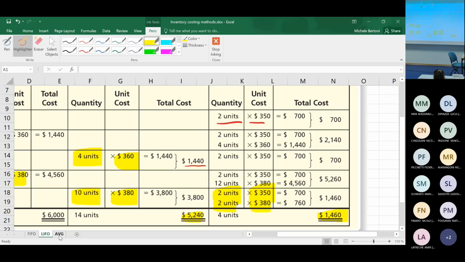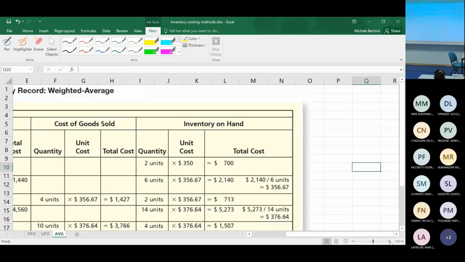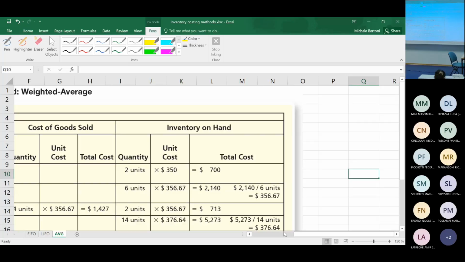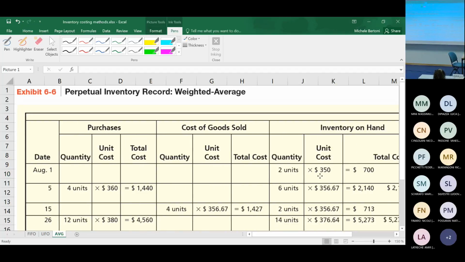The average cost requires you to calculate the average cost after each purchase, because it's going to change essentially for each purchase. So, for instance, initially the cost per unit is 350. You see that here, which is the beginning value.